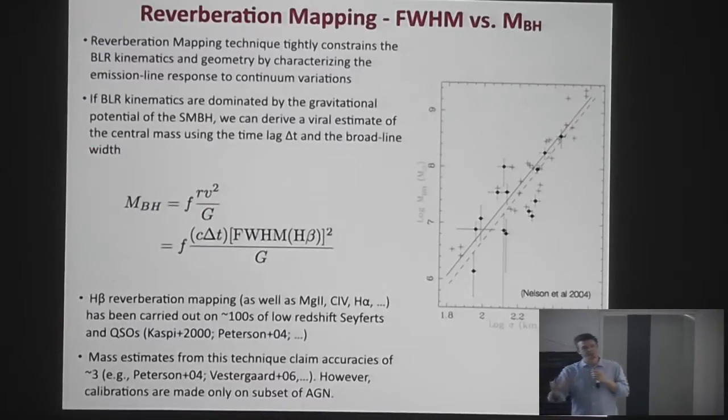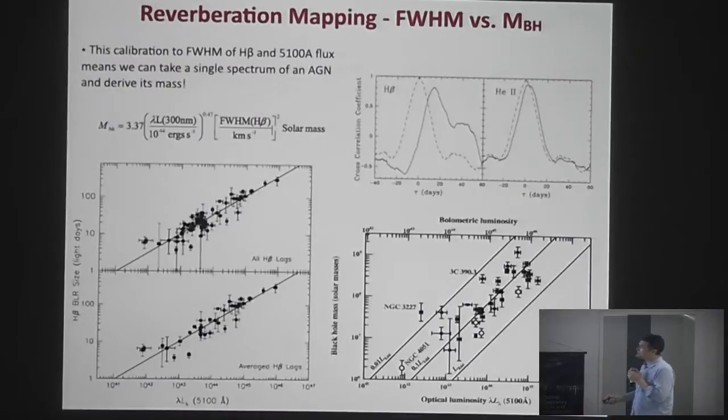Now those two things, the luminosity and the full width half max of H beta, you can get in one spectrum. And so you calibrated this, right? You made sure it worked, and now you can take a spectrum of an object and measure its black hole mass. That's very powerful.